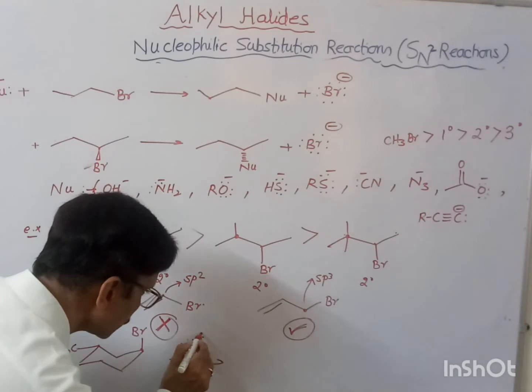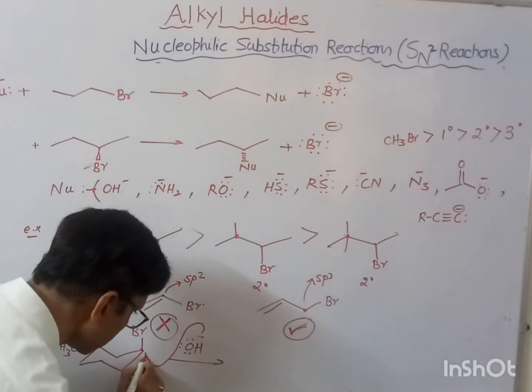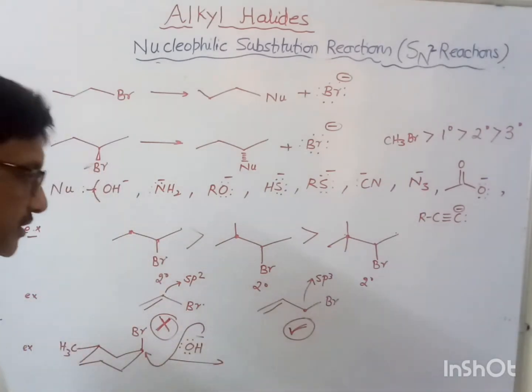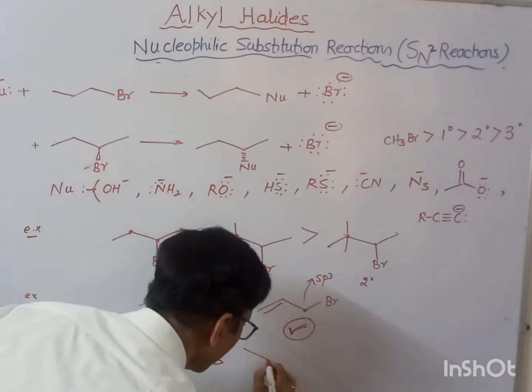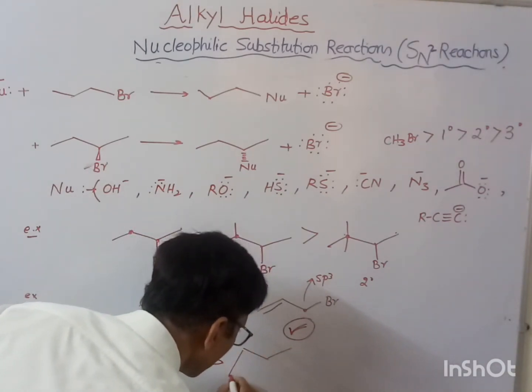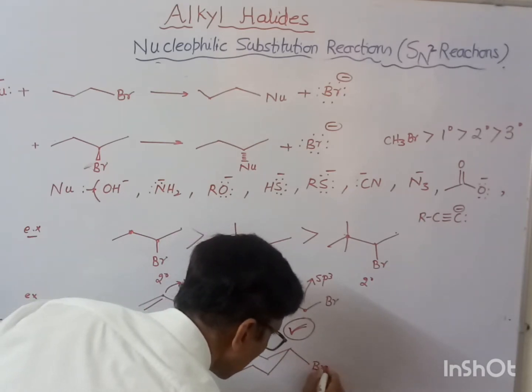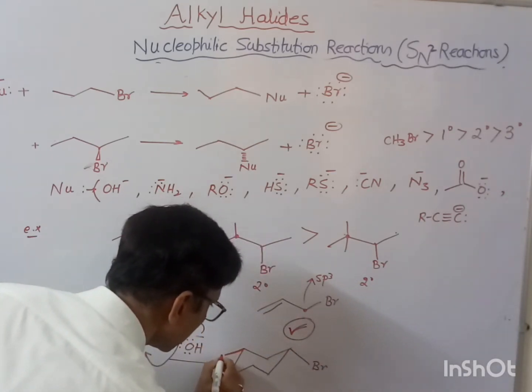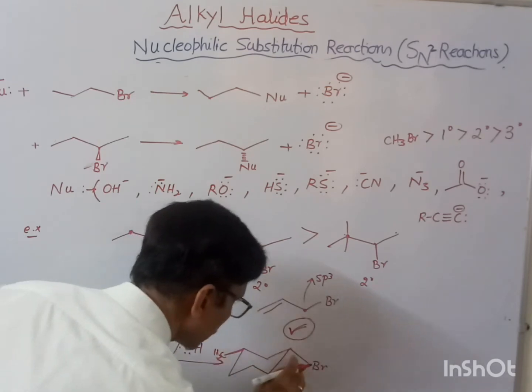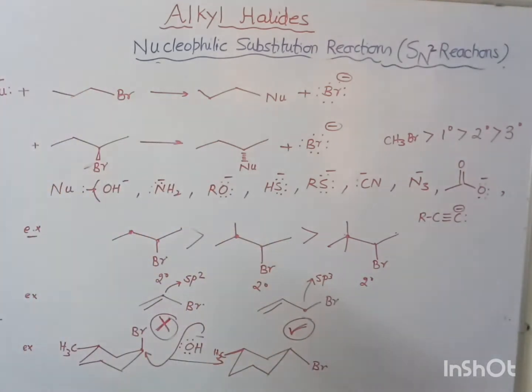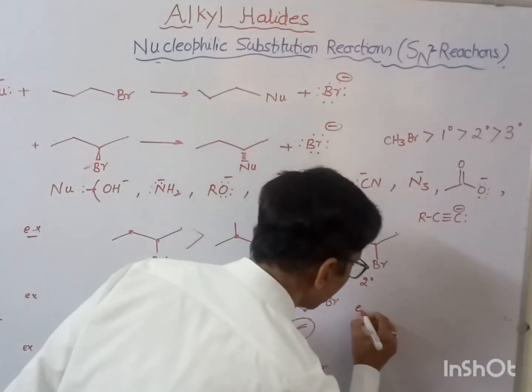The nucleophile should attack from the back side, that is the equatorial side. So the product for this would be this one. Here the bromine will come at this equatorial position.